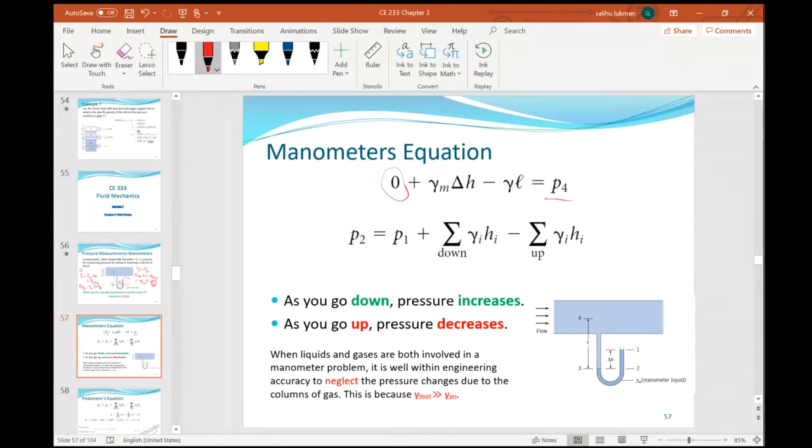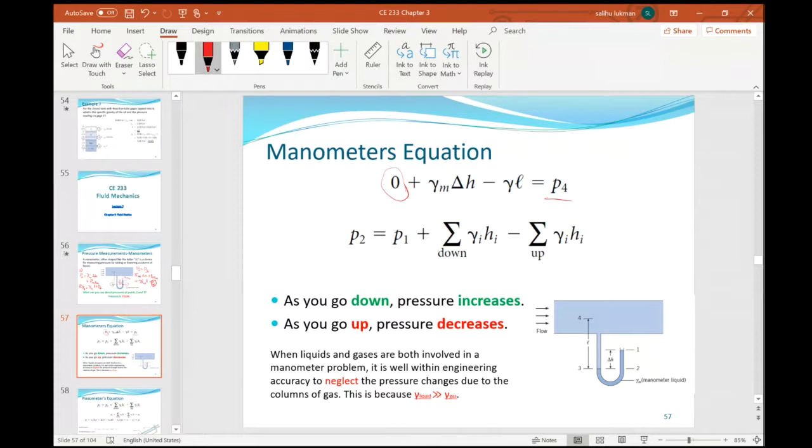When liquids and gases are both involved, this is very important because in some problems, as we are going to see, you have a combination of both. When they are both involved in a manometer problem, it is well within engineering accuracy to neglect the pressure changes due to the columns of gas. Why? Because we already mentioned when discussing density in chapter 2 that the unit weight of gas is very small compared to that of liquid.